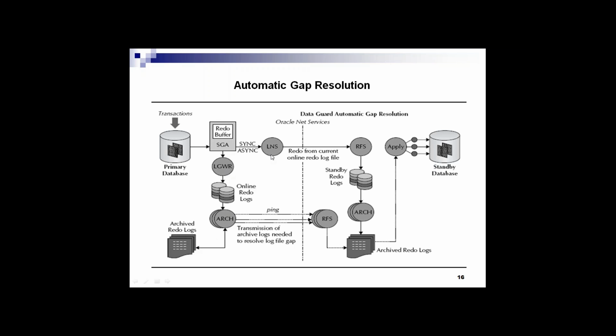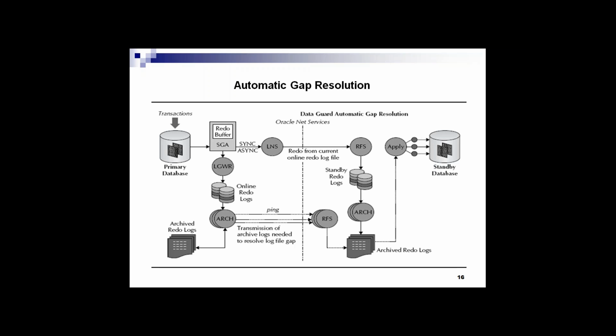Here we have a main background process, the LNS, that is Log Writer Network Services, and we have the option of using the sync or async method. In synchronous mode, whatever transaction happens at the primary side, the LNS process pulls the data from the redo buffer and transfers it over the network, over Oracle Net Services.